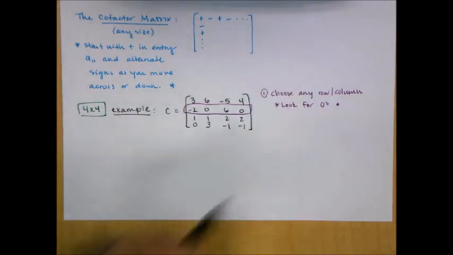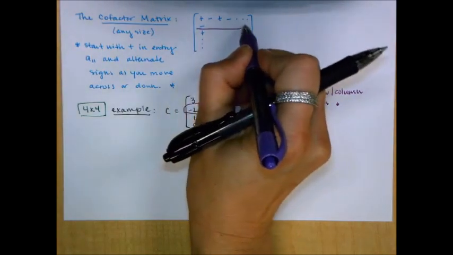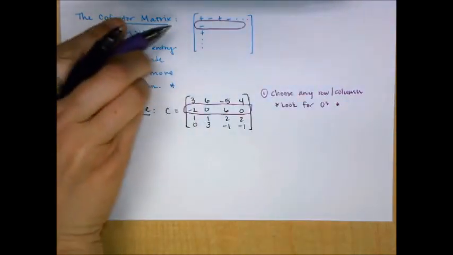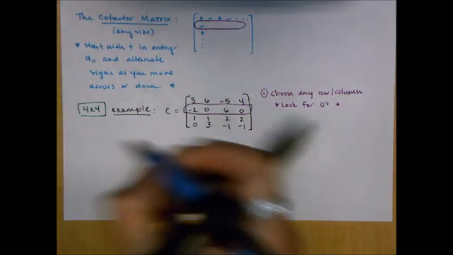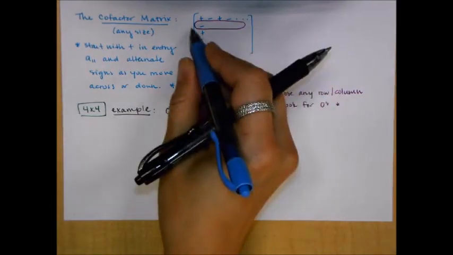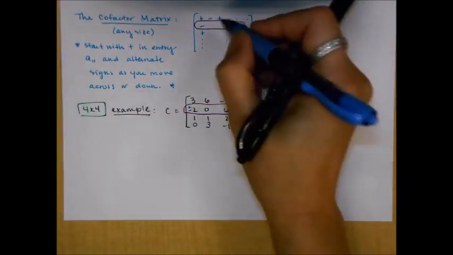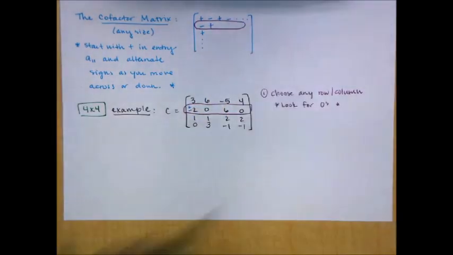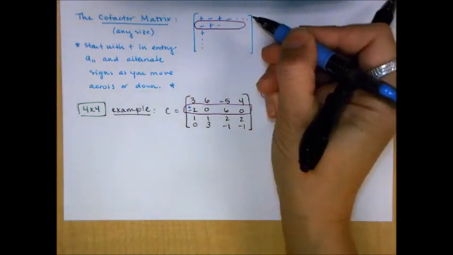And what I do is I'm going to multiply row 2 by my cofactor matrix. So notice if I were to go to row 2 here of the cofactor matrix, the first entry is going to get multiplied by a negative. So I'm going to multiply -2 by a negative, and that'll make it a +2. 0 would get multiplied by a plus. 0 is still 0. 6 would get multiplied by a negative, so that would make it a -6.